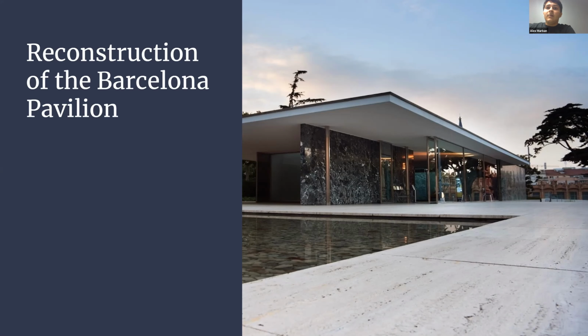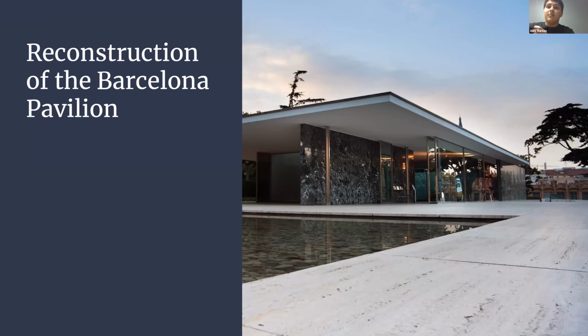But in the early 1980s, Catalonian architects rebuilt the pavilion from very limited information, yet they recreated a very correct interpretation of it. Most of their designs were based off of limited drawings and black and white photos, but they replicated the pavilion to be what it is today.